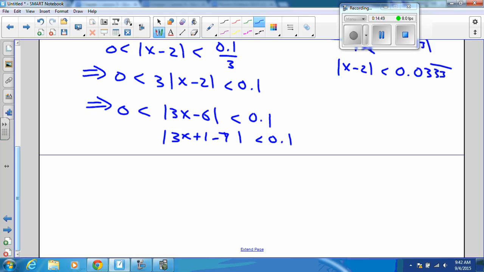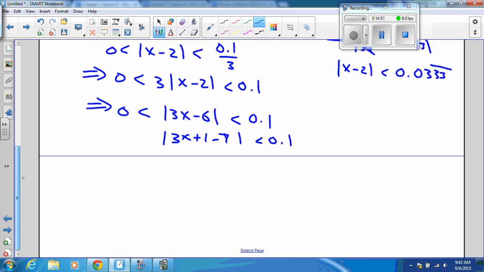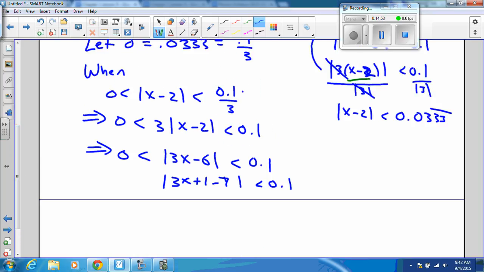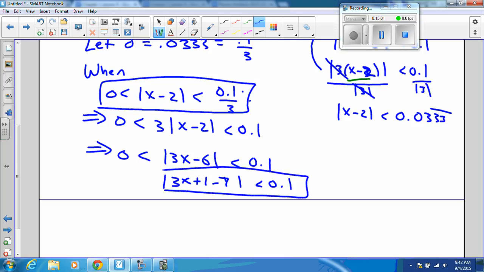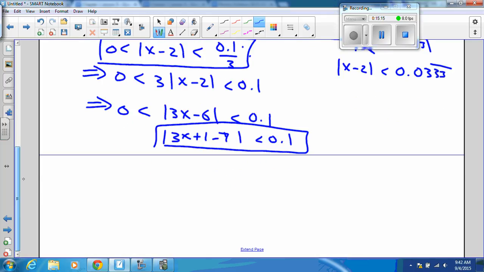And we can unpack 3x minus 6 as 3x plus 1 minus 7. In other words, for this particular epsilon, we have found a delta so that when the absolute value of x minus 2 is less than delta, then the absolute value of f of x minus 7 is less than epsilon. We win this round of the delta-epsilon game.